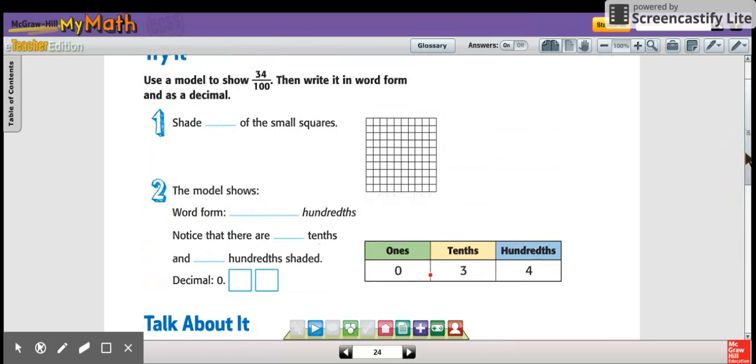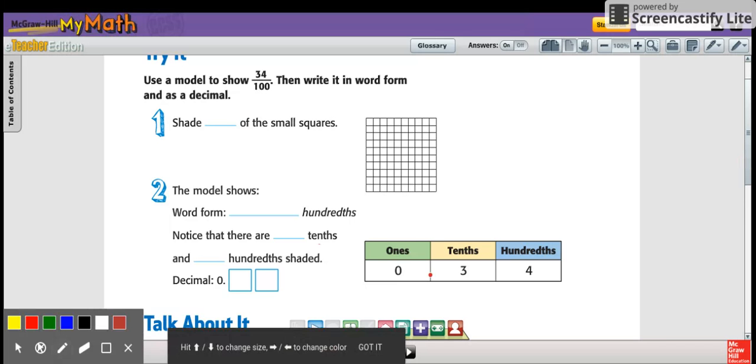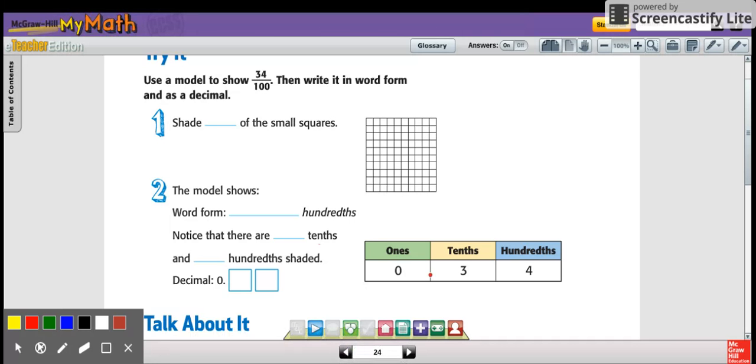We are going to look at up here at the top. Now, once again, how many squares are in the big box? We did it on the other page. It is still 100. So if we were going to model 34 hundredths on this 100 square, how many are we going to shade in?